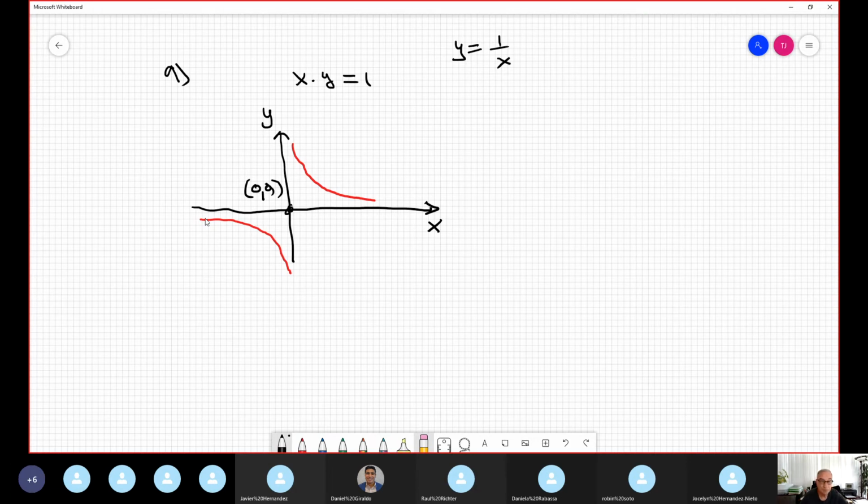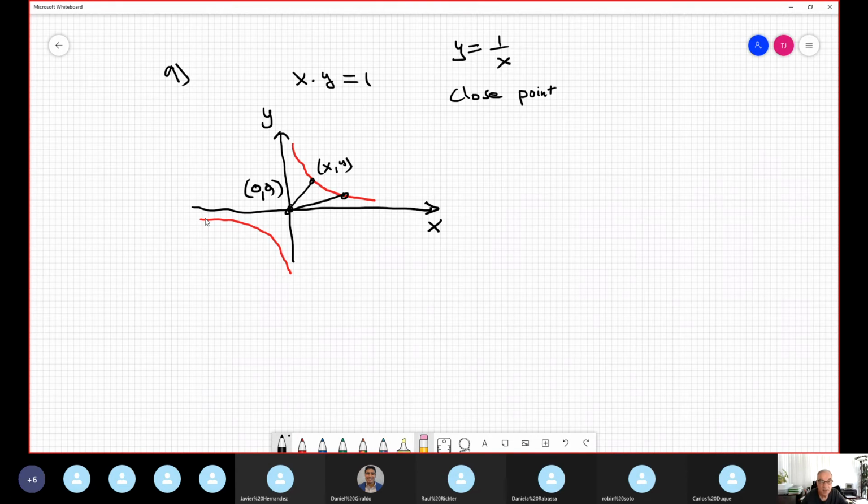And I need to find the closest point. We can use intuition. The closest point is supposed to look like that. This is x, y. Another point here is not close. The distance is bigger, right?